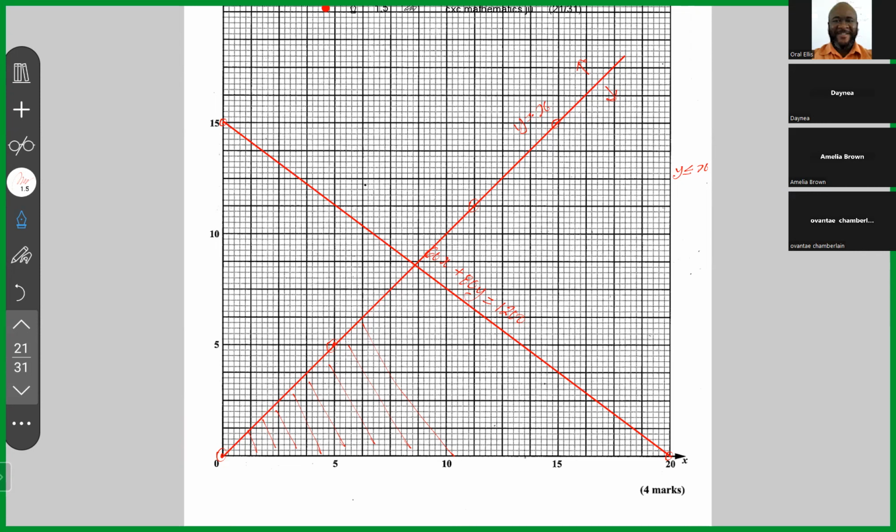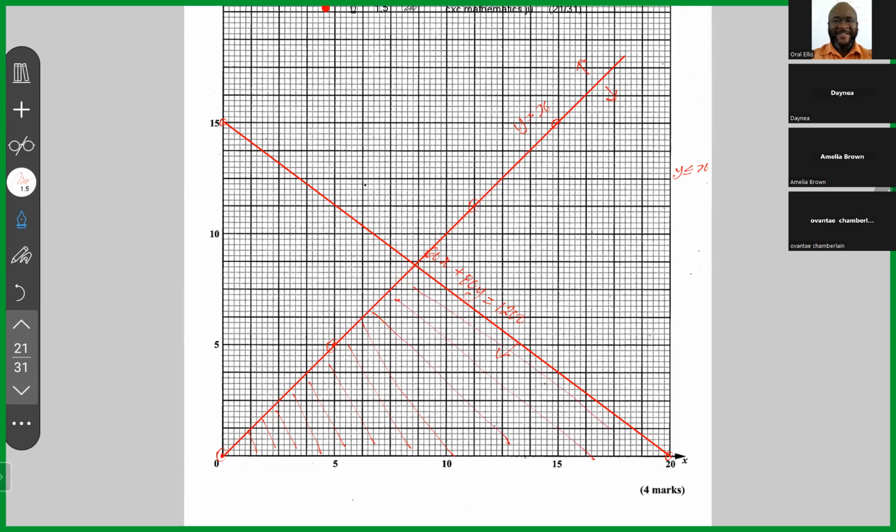Now, everywhere on the line is 60x, sorry, 60x plus 80y is equal to 1,200. Below the line is where 60x plus 80y is less than 1,200. So this is the region that I'm looking for.